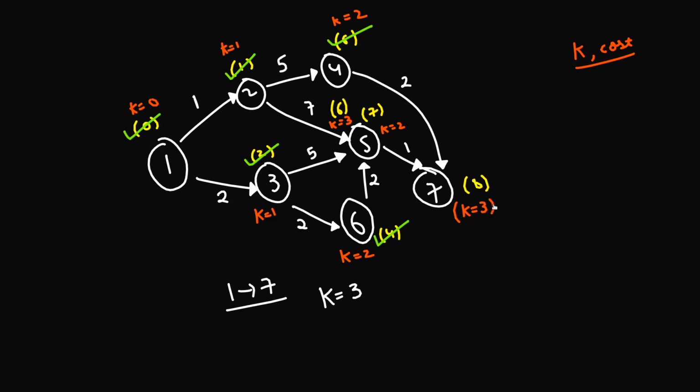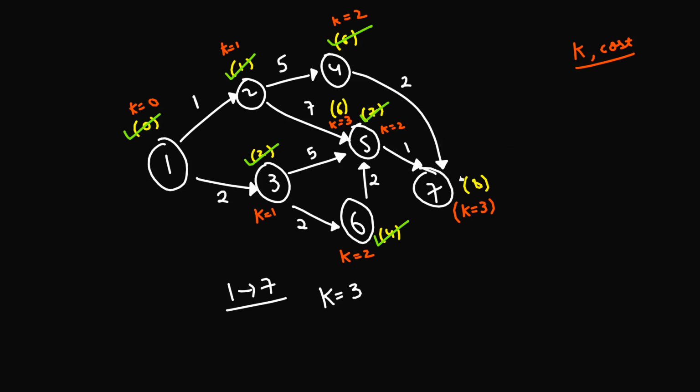The next thing that we are going to focus on is, again, I have this entry and I have this entry, and the minimum value of k is for this entry where I have the cost 7 and the k value is 2. So I'll be picking that. Since the cost is 7 and the k value is 2, if I go to this node, I'll be able to go with a total cost of 7 plus 1, which is 8.